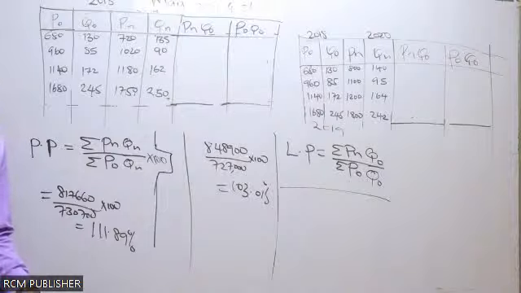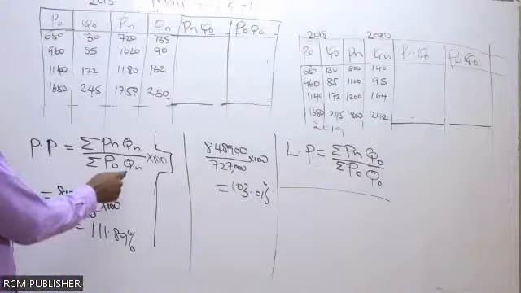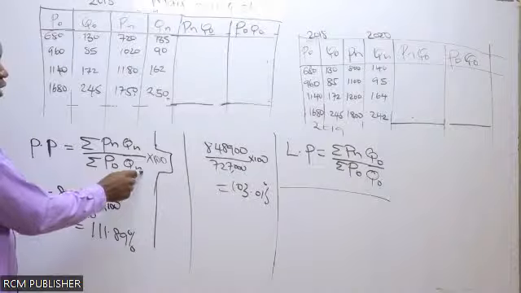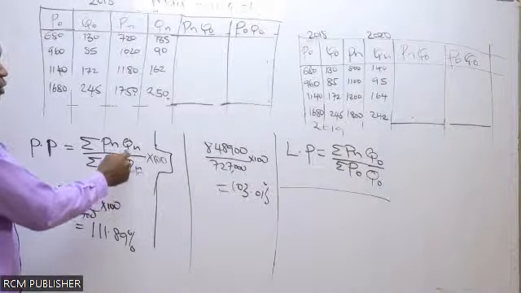So that's their disadvantage. If you go to the Paasche method, generally the advantage is that it is a better approach since it reflects an indication of general price change in the economy because it uses current values. For the Paasche price formula, our weight is the current period's quantity.